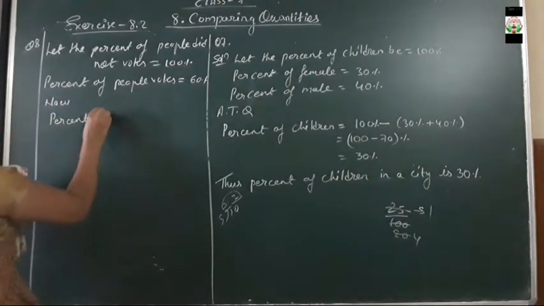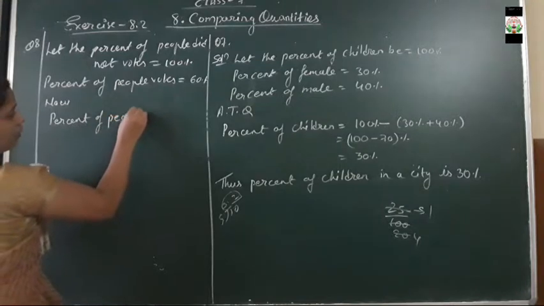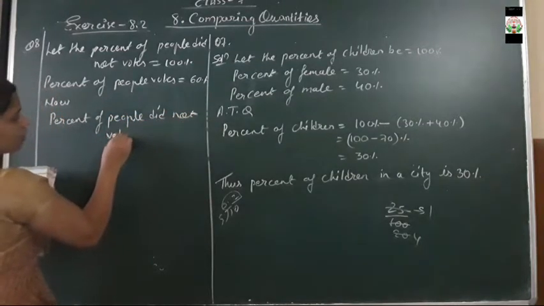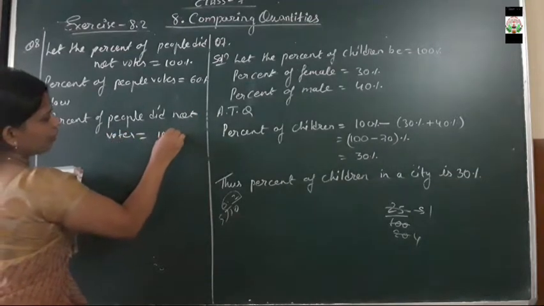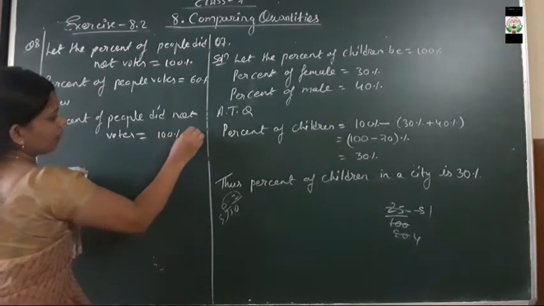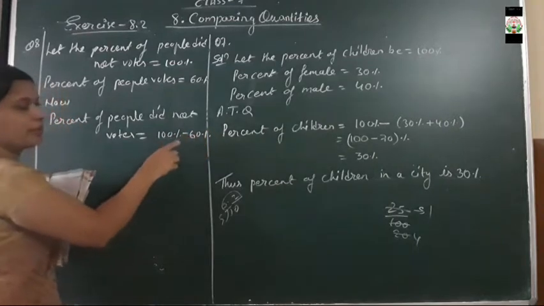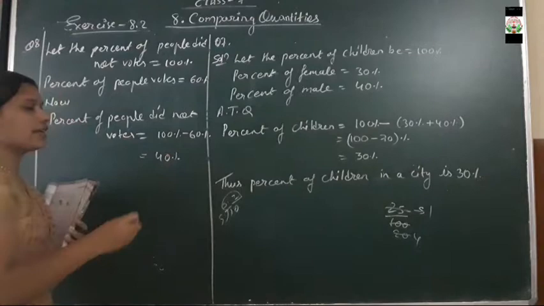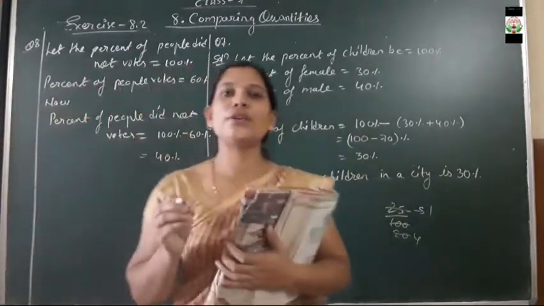Percent of people who did not vote is equal to 100% minus 60%. So 100% minus 60% will be equal to 40%. Hence we can say that 40% of the people did not vote.